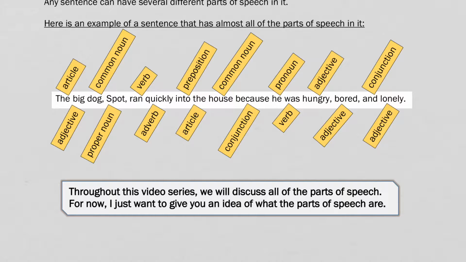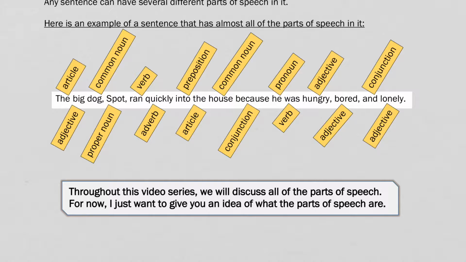The word quickly. Well, Spot didn't just run. Spot ran quickly. Quickly was how the dog ran. Quickly is an adverb. The big dog Spot ran quickly into the house. Into the house.